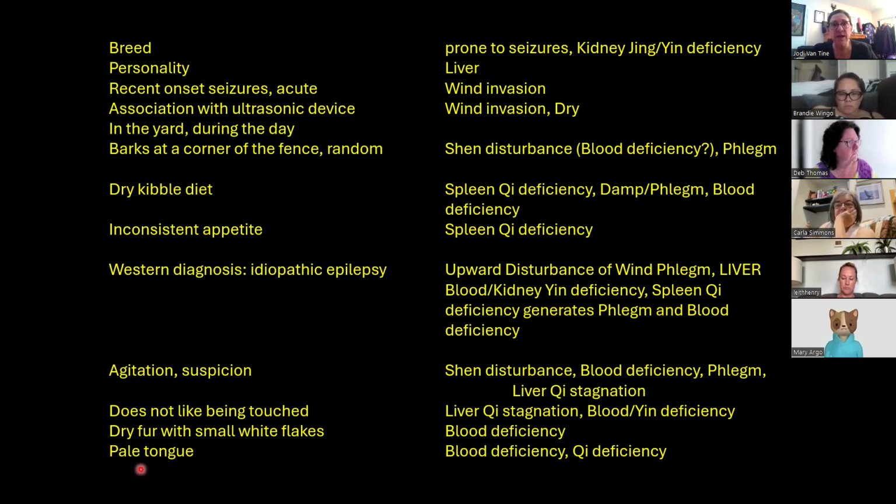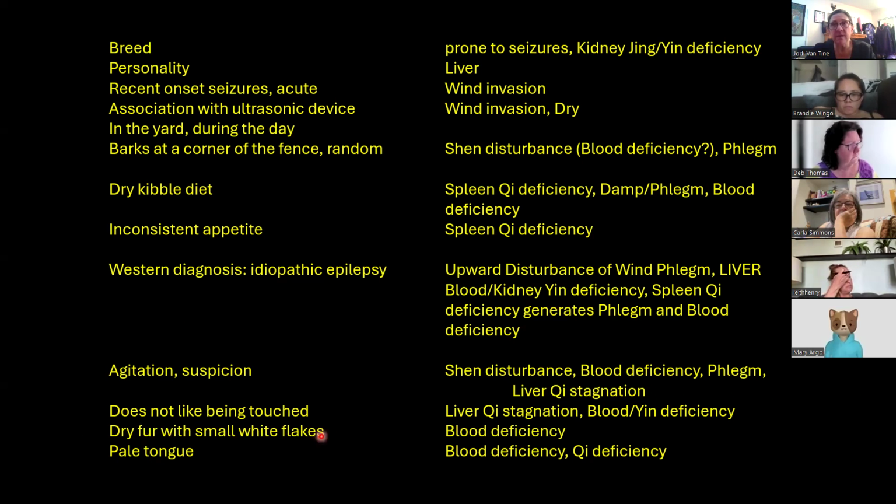That is a document that I borrowed from the College of Integrative Veterinary Therapies, and it's a nice kind of table that you can use. And then the other one was the one that I made that's called Identify the Pattern. So that's where I'm getting a lot of this information from, and that can be a really good resource for you. And there you'll probably see dryness with small white flakes.